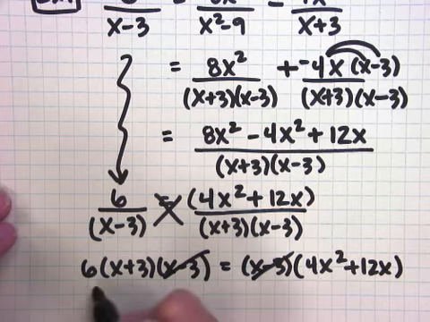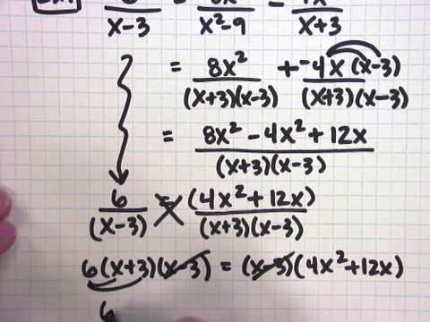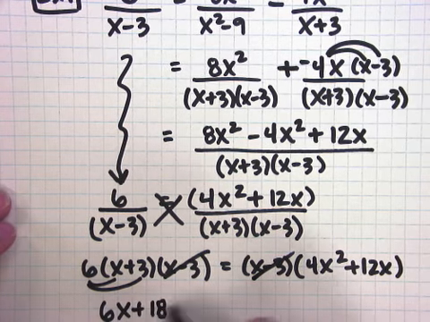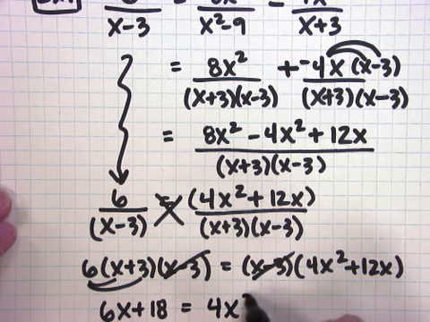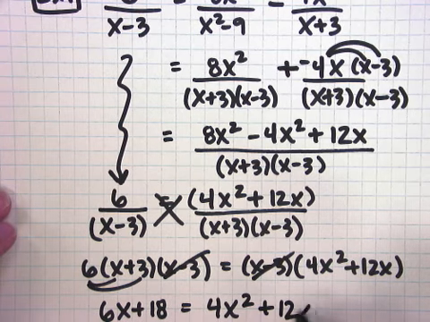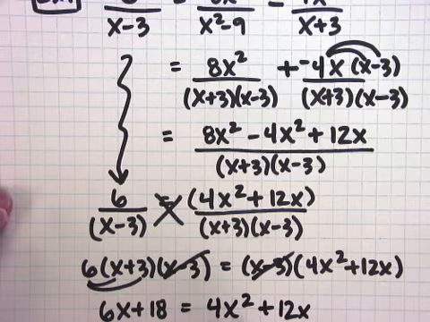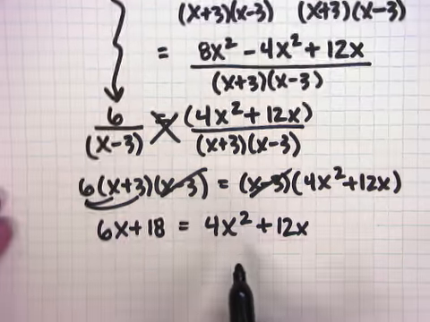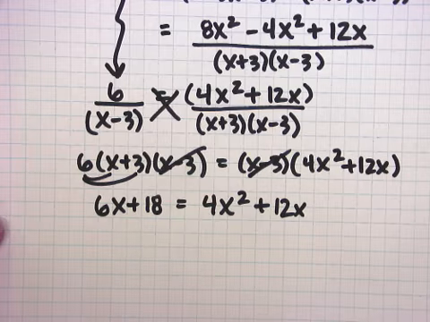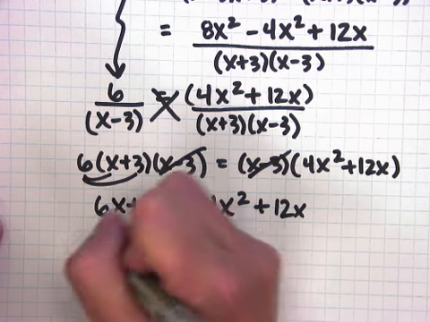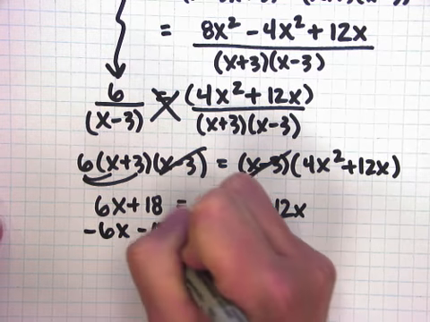And now I distribute my 6 in, and I have 6x plus 18 equals 4x squared plus 12x. I see that I have a quadratic, and I know that in order to solve a quadratic, I need to get 0 on one side. So I'm going to take 6x and 18 away from both sides.